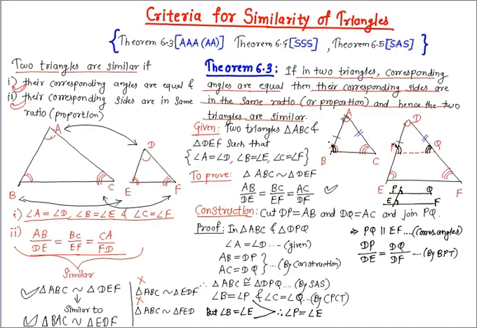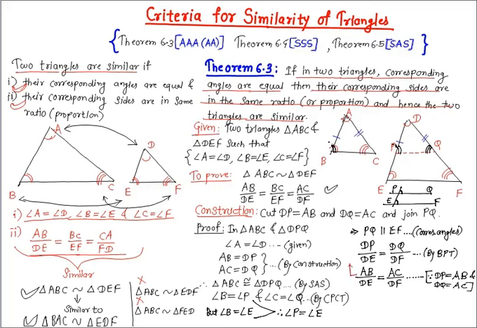Now see the diagram. We know that DP is equal to AB and DQ is equal to AC. So we can write AB in place of DP here, and we can write AC in place of DQ here. And you can write the reason here: since DP is equal to AB and DQ is equal to AC by construction.